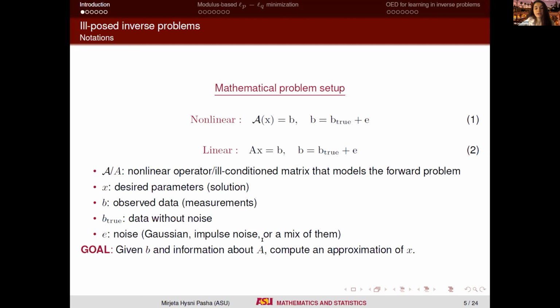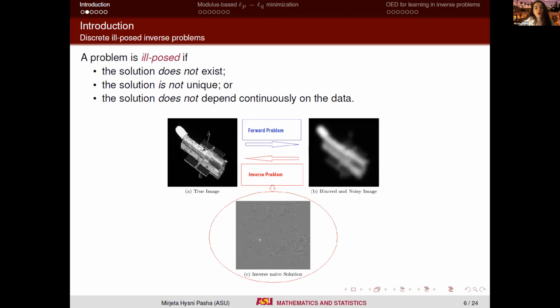The goal is that given those data and some information about the forward problem, we want to compute an approximate solution. This type of problems are ill-posed because the solution may not exist, may not be unique, or it does not depend continuously on the data.